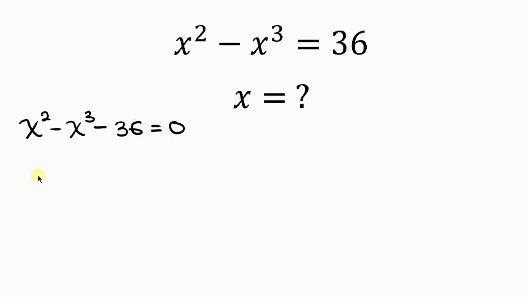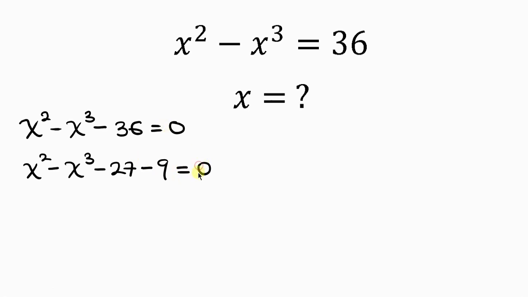Very good. So we have x squared minus x cubed. Negative 36 is the same as negative 27, negative 9, equal to 0. I'm going to tell you the reason why I chose negative 27 and negative 9.